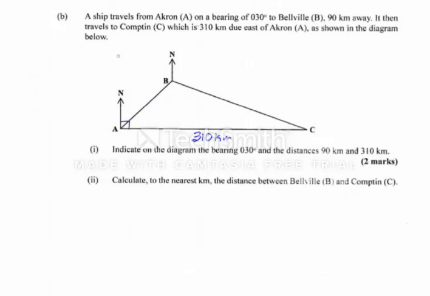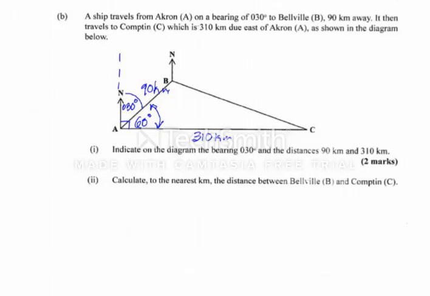Let's try and show all of that very clearly. This angle here is 30 degrees, and the side here is 90 kilometers. Now the angle in here is 60 degrees. Why?